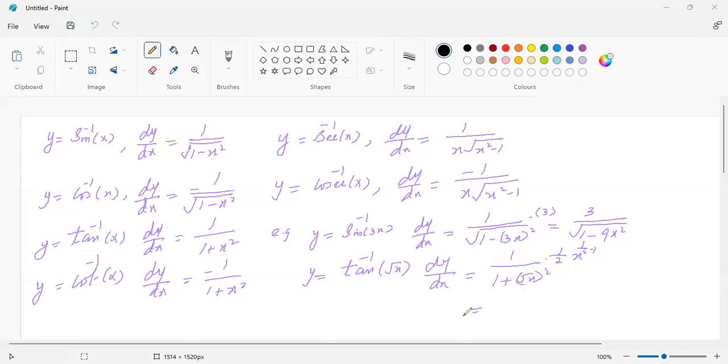In the next step, it is 1 plus x into 1 by 2, x raised to the power negative 1 by 2. So you can also write this in the denominator, 1 divided by 1 plus x, then 2 under root of x. So this is the differentiation of tangent inverse of this function.